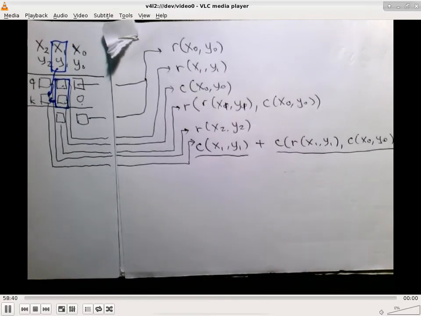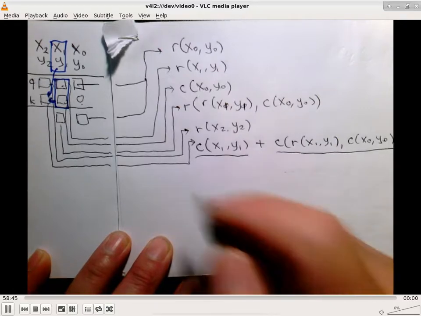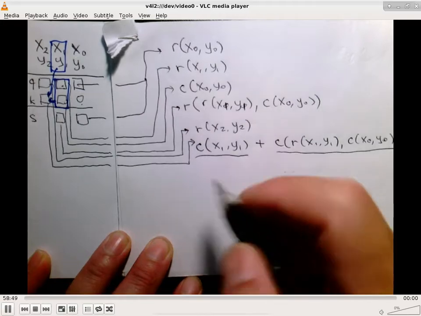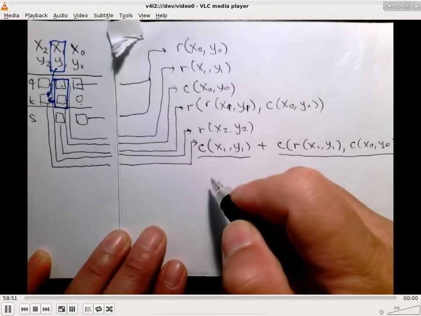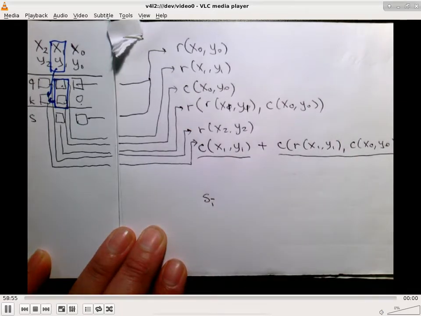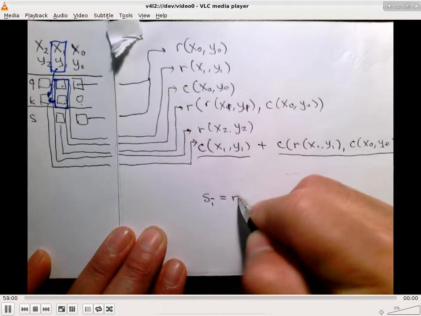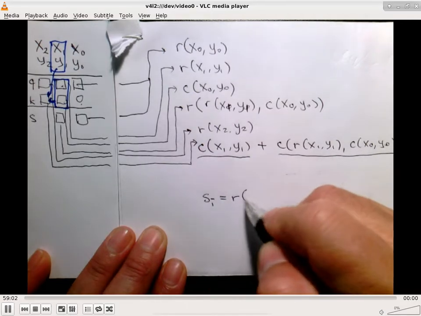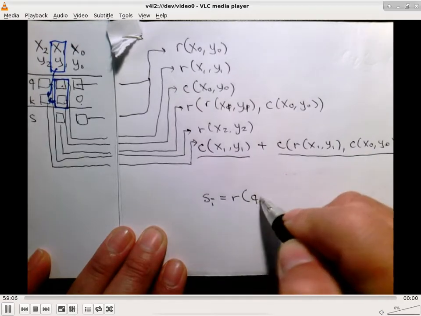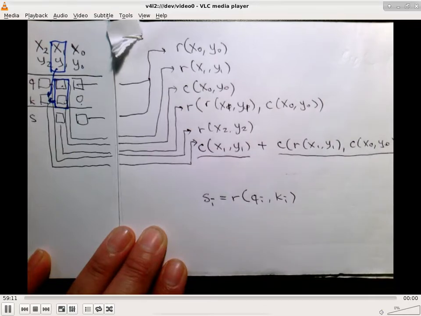If I switch to the Q and the K notation, things get a little bit easier. And this is the sum row. The sum row is actually a lot easier to deal with now because we can say S_i, which is the digit i of the sum, is going to be the R, the result of adding two components. Which two components are we talking about? Q_i and K_i.